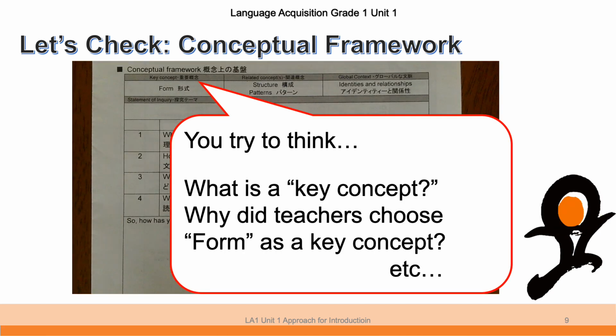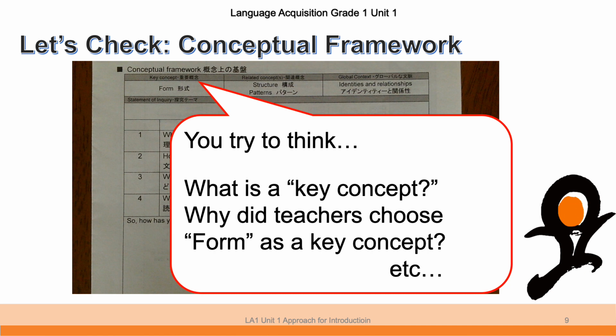Let's check Conceptual framework. This information is very unfamiliar with you and very deep. You will take much time to understand them, but we should think again and again. Teachers make lessons based on this information.